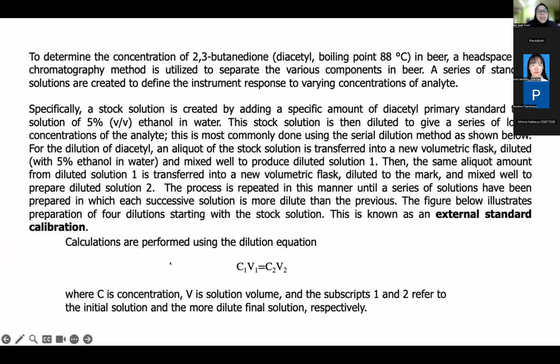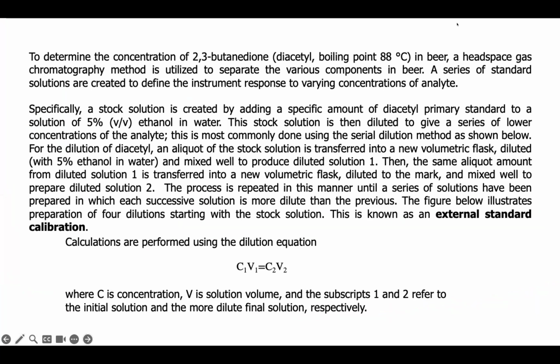So this is an example. In this case, the study of 2,3-butanedione. I also have difficulty in organic chemistry. Butanedione is a ketone in beer. A headspace GC method is utilized to separate the various components in beer.